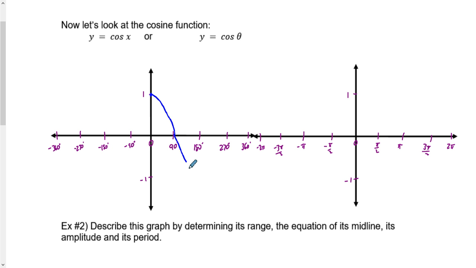At 180, it would hit its lowest point. At 270, it crosses the x-axis again. And at 360, it hits its highest point. We continue backwards.